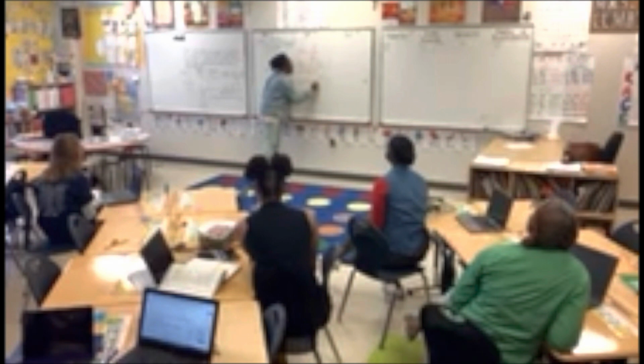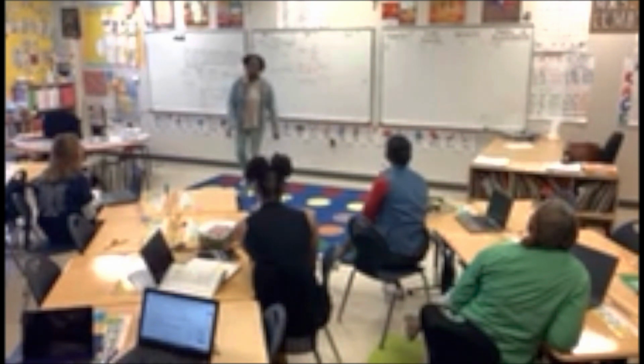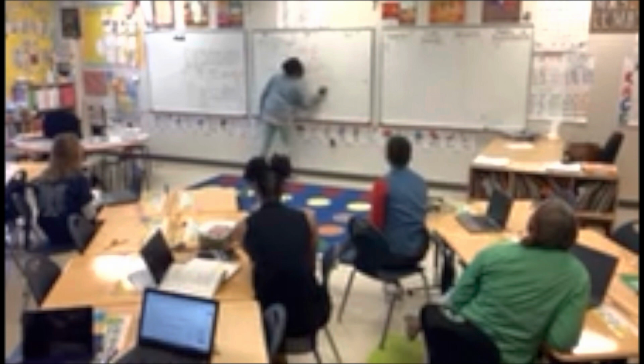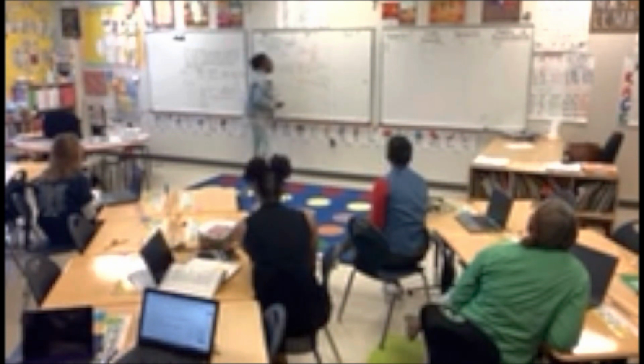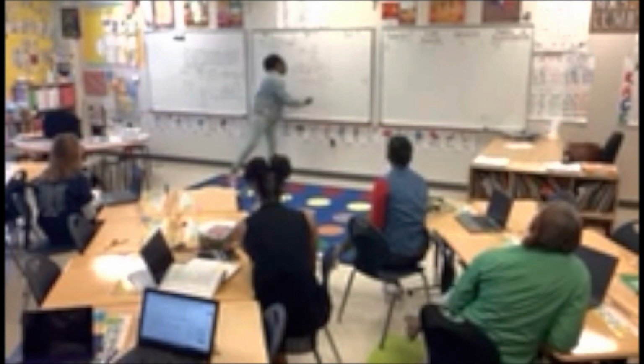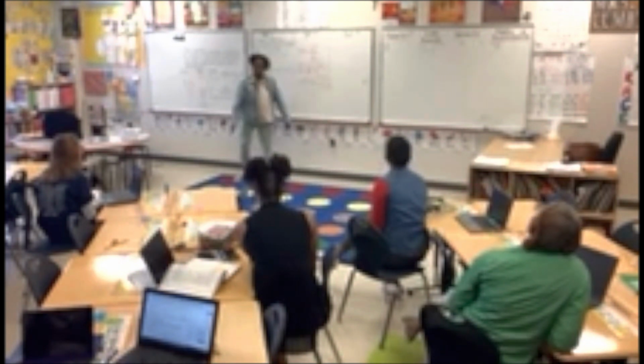Am I done? No. Why not? I still have 10 more. So once I add my 10 more, what is my total, class? 310. That's basically what part 2 is.